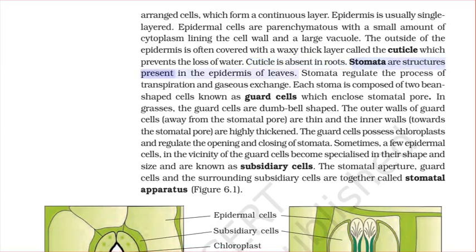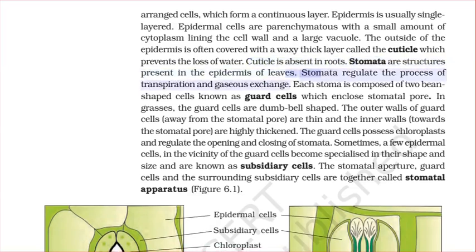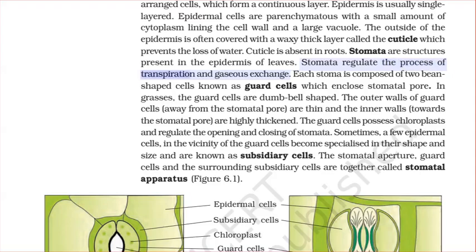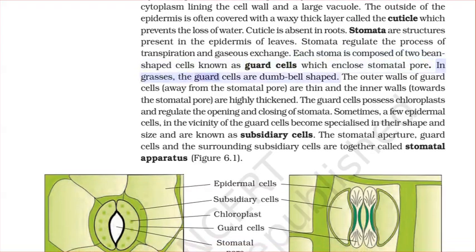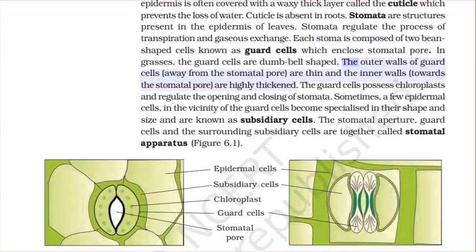Stomata are structures present in the epidermis of leaves. Stomata regulate the process of transpiration and gaseous exchange. Each stoma is composed of two bean-shaped cells known as guard cells, which enclose the stomatal pore. In grasses, the guard cells are dumbbell-shaped. The outer walls of guard cells, away from the stomatal pore, are thin, and the inner walls, towards the stomatal pore, are highly thickened.